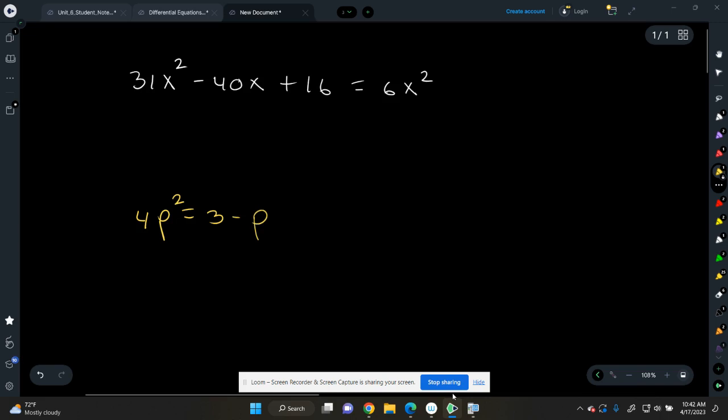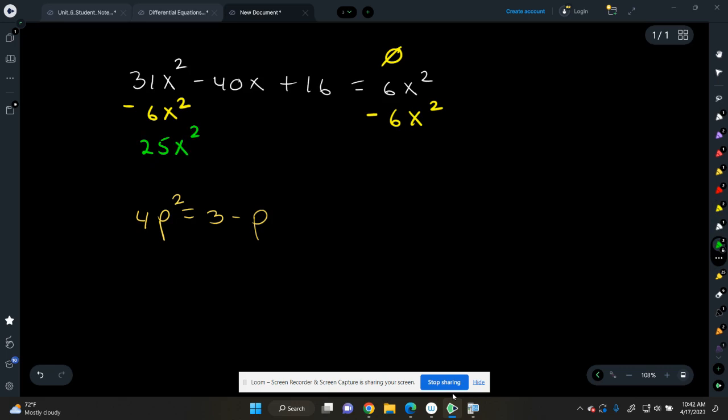So you're confused because here we have 4 things and here we only have 3 things, right? But look what happens here. On this problem, we know it has to equal 0. So we subtract 6x squared from both sides of the equation, right? When I do that, I end up with 25x squared minus 40x plus 16 equals 0, okay?